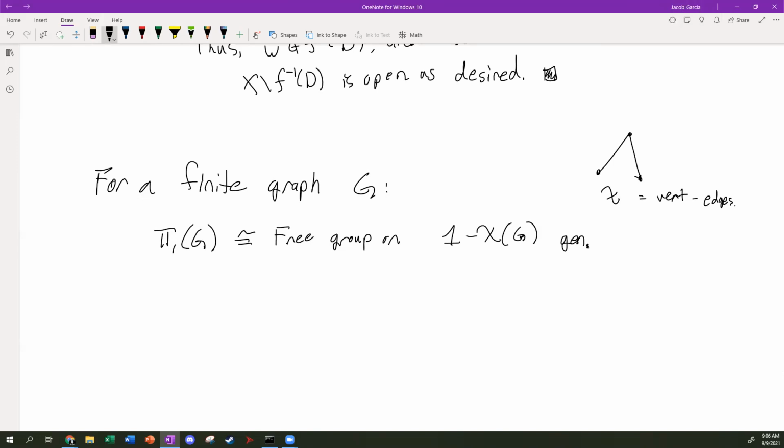So this has fundamental group Z star Z. And alternatively, you could see this as a subgroup of the free group on two generators by picking the correct paths, the correct loops. So yeah, I think that's definitely helpful. Thanks.